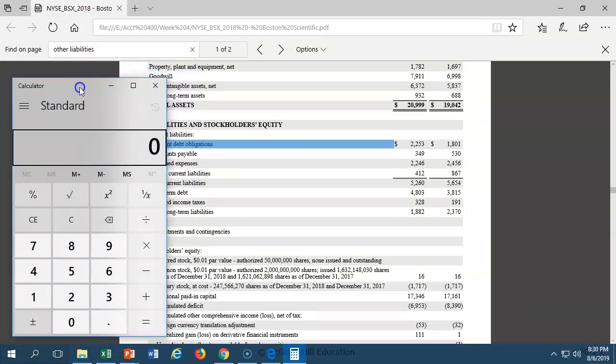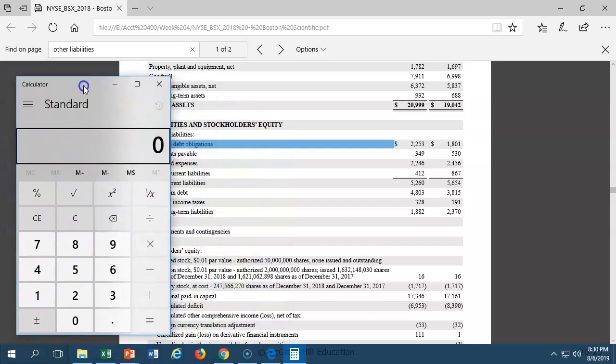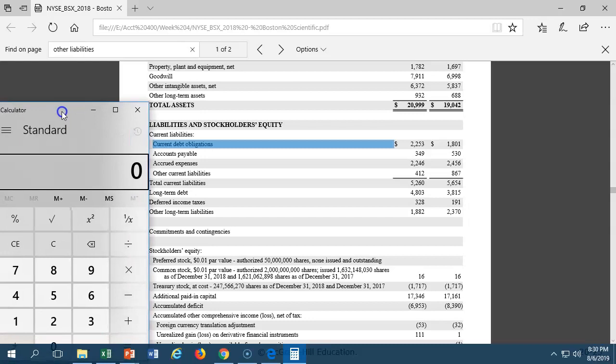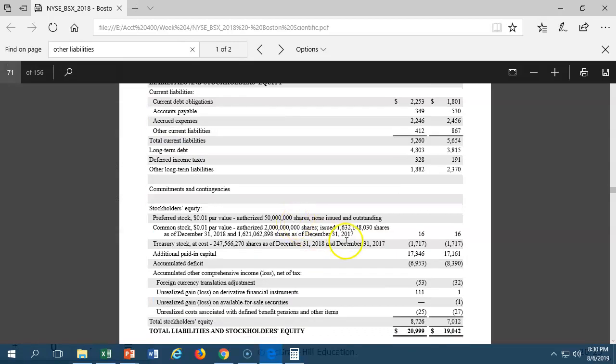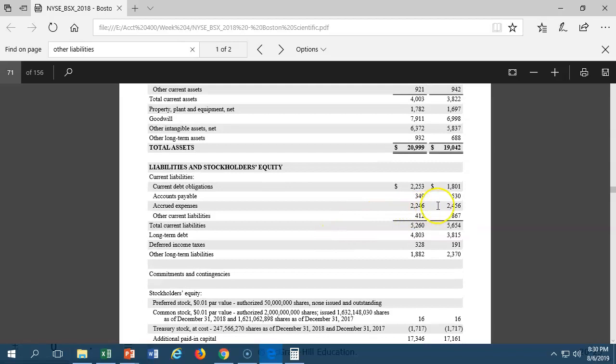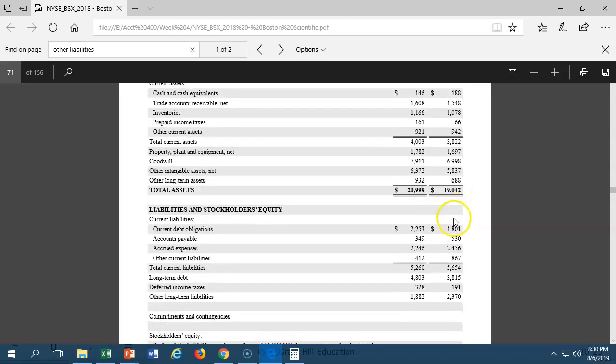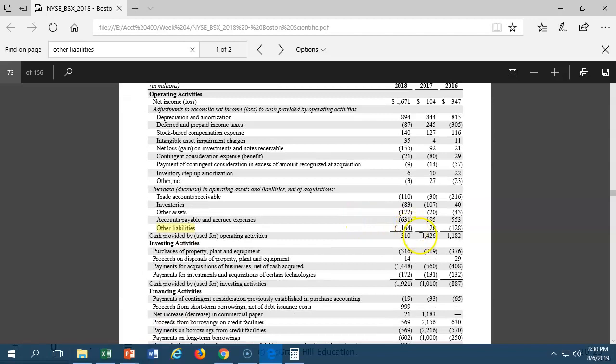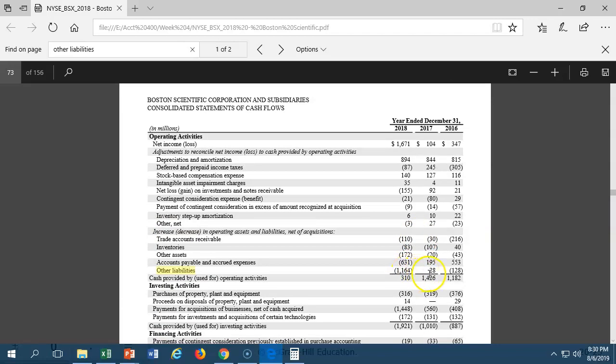Yeah, that's a really good thought. I'm trying to calculate this change in other liability that went on the... The charts would be fine.